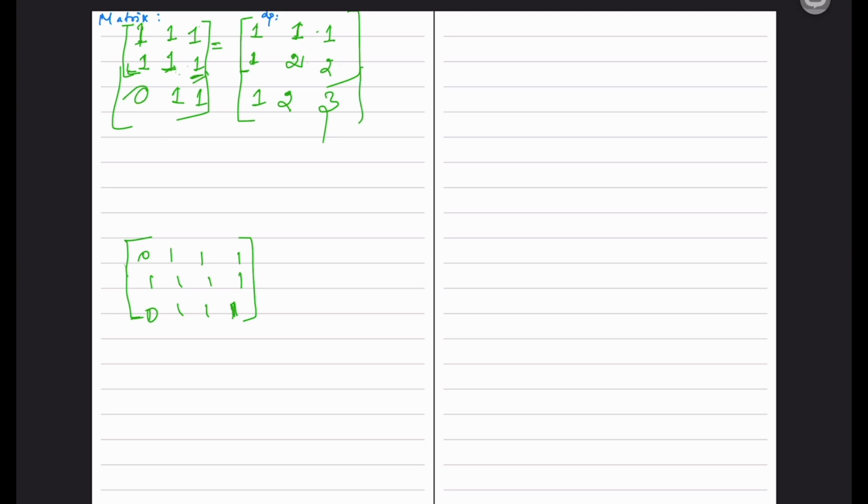In that case, this 2 wouldn't have formed, right? Now it would have got updated with 1, because with only one of these it can't form 2, it would have formed only 1. Now we know, since here it is 1, among these what is the minimum? 1. So with this one you can form 2 cross 2 as well as 1 cross 1. So here this value would have updated to 2.